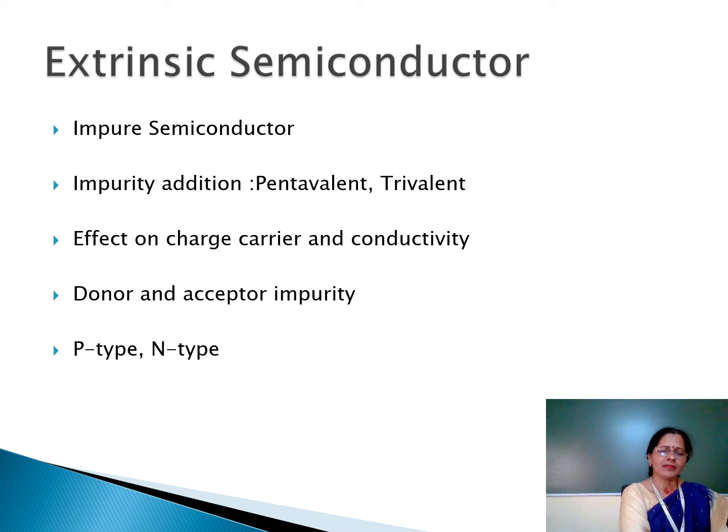Due to the addition of pentavalent, free electron charge carriers increase, and due to the addition of trivalent, hole charge carriers increase. Pentavalent is known as the donor impurity, trivalent as the acceptor impurity. So based on these two types of impurities, extrinsic semiconductor is of two types: one is known as P type, another as N type semiconductor. These are the basic features of extrinsic semiconductor.